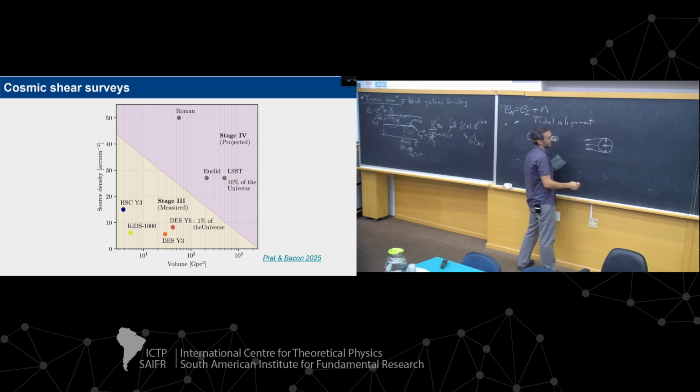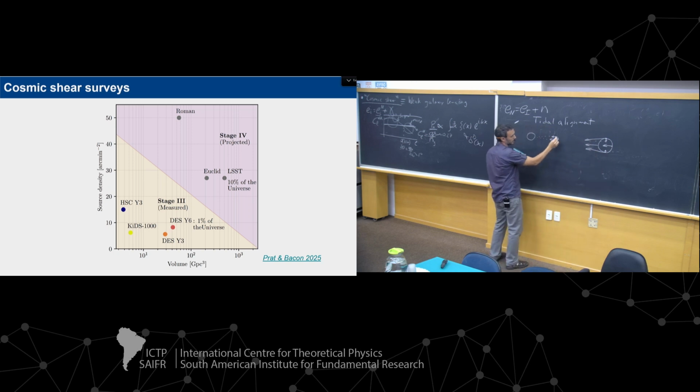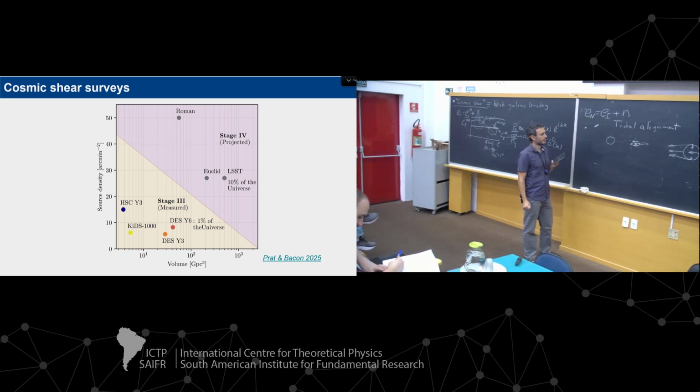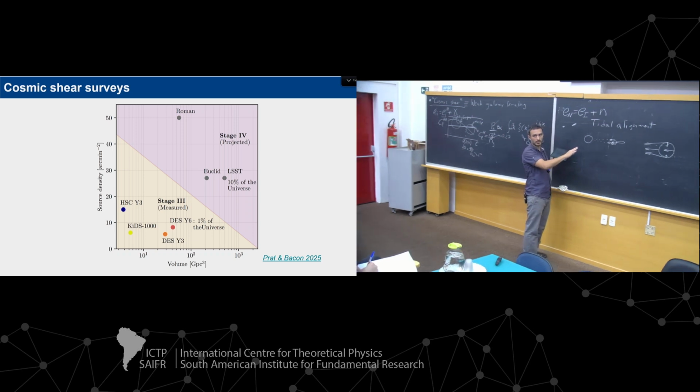So these tidal forces, meaning the differential forces across this extended object, will make the galaxy look elongated in this direction. It will squash it in this direction, and stretch it in the opposite direction. And this is very different from weak lensing. There's no weak lensing going on here. This is just the local gravitational field around this object.